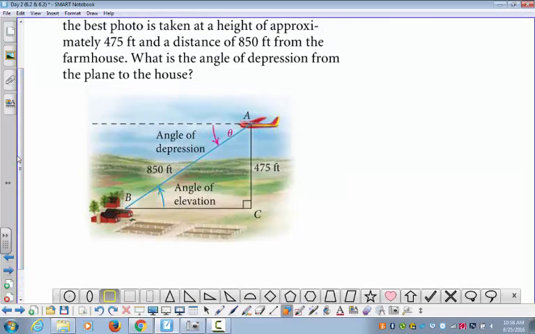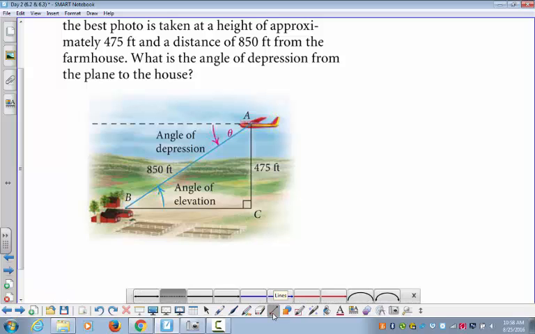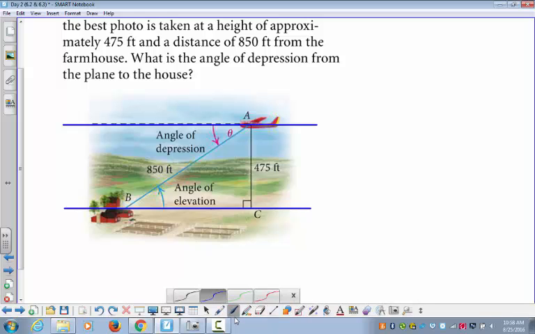And one of the facts that you should know is that when you have parallel lines, opposite interior angles are equal. So these guys right here, or maybe I shouldn't say opposite, it's alternating. Alternating interior.